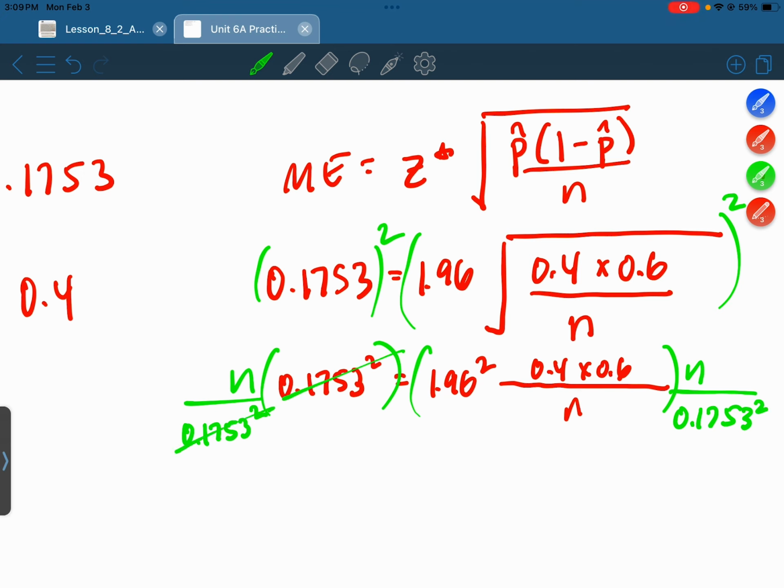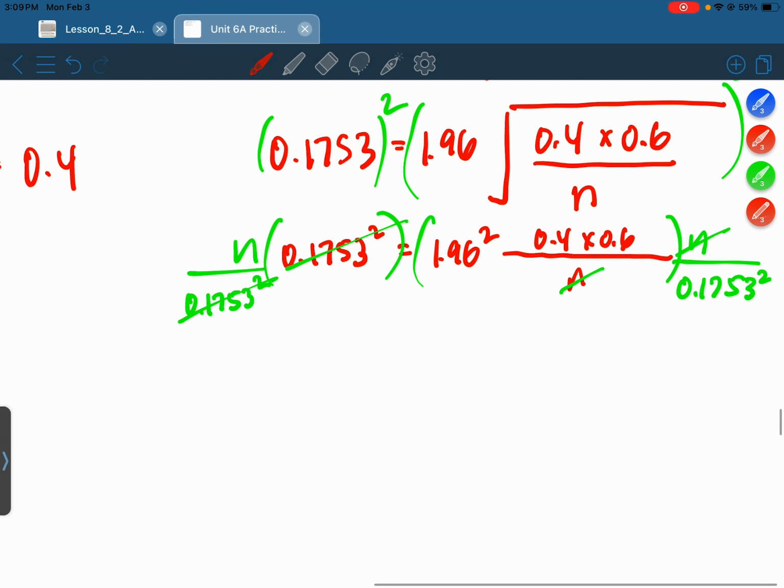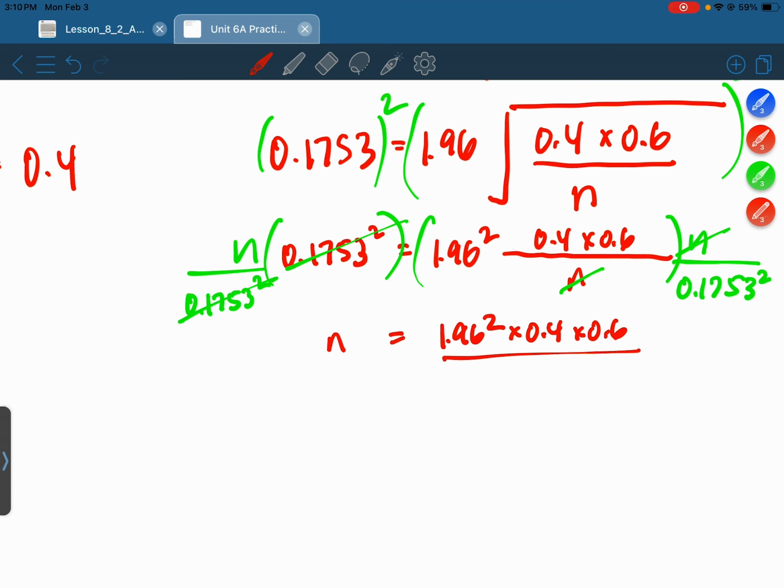On the left-hand side, those terms will cancel out. On the right-hand side, the n's will cancel out. So when we simplify the left-hand side, all that's left is n. On the right-hand side, we have 1.96 squared times 0.4 times 0.6, all divided by 0.1753 squared.